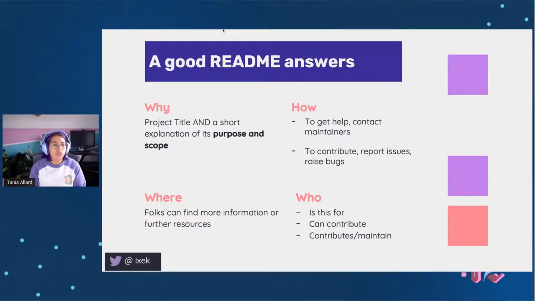It also should provide context on who this project is for, who the intended users or product consumers are, who can contribute, who contributes, and who currently maintains the project.